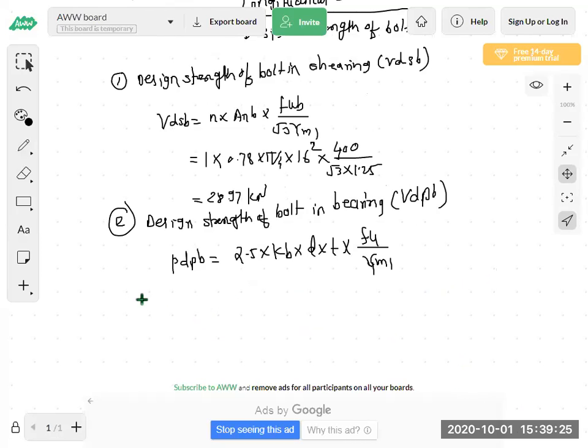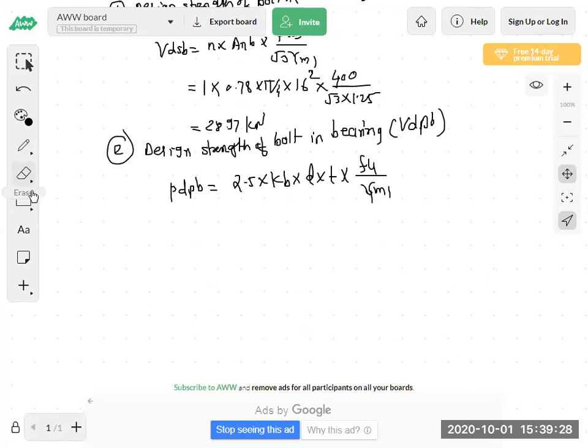Okay, so here we have to calculate Kb. For the calculation of Kb, we have to first calculate e divided by 3dh. So we have to calculate e and p, the pitch distance and the edge distance. So 1.5 into dh, and here 2.5 into d.